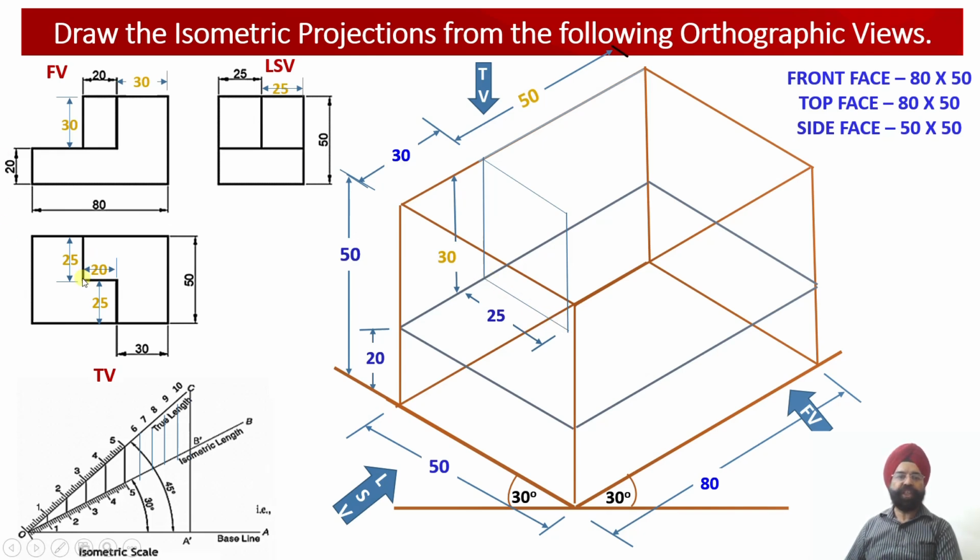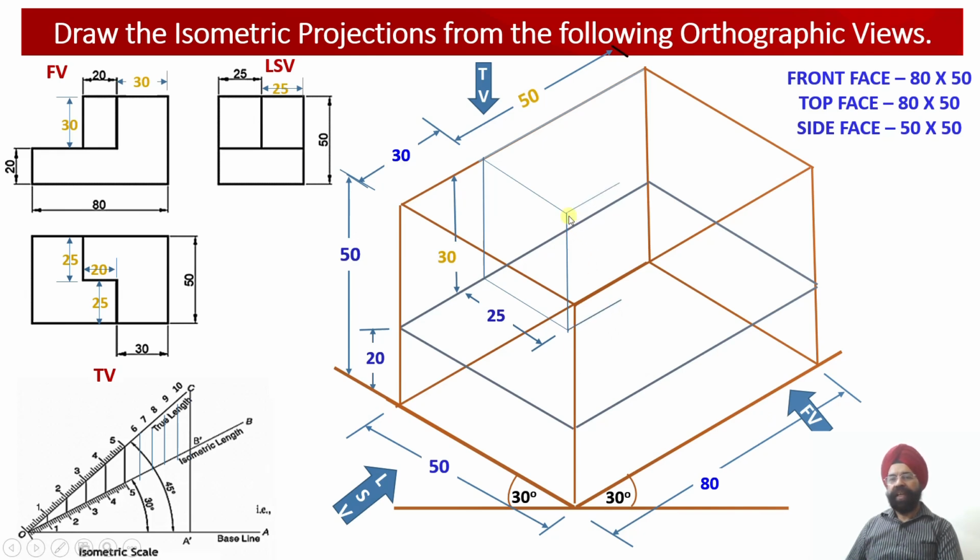Now from this point I need to work out 20 millimeter backwards from this point towards this point. So from here I will be moving 20 millimeter backward towards this edge over here, the rear edge, right? If I have to move backward, this isometric line will be parallel to the z axis.